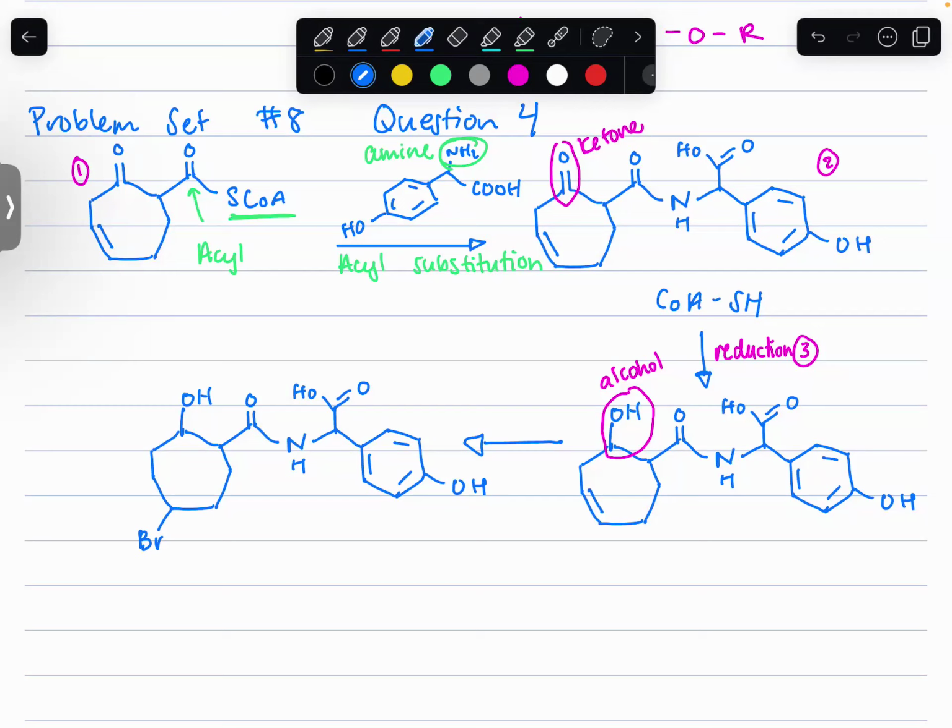What happens when we add to an alkene? So our change was an addition to an alkene. So this is electrophilic addition because we added a bromine.